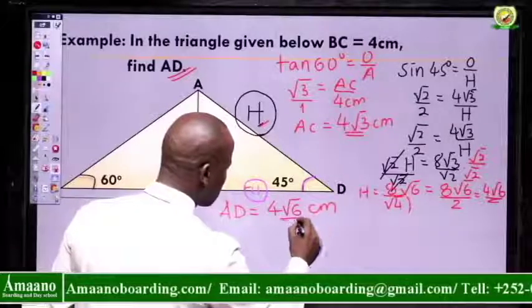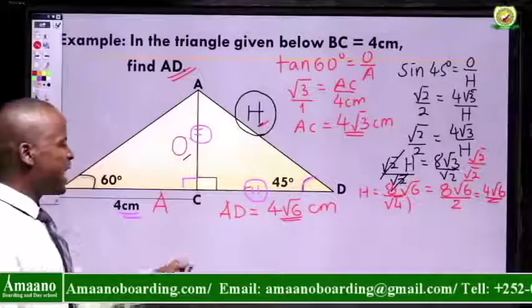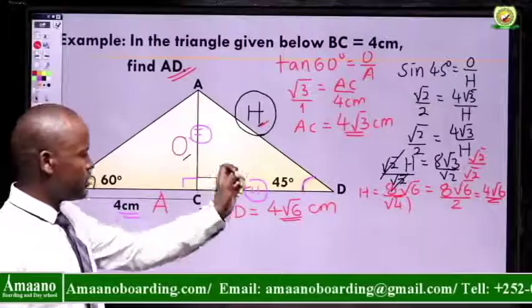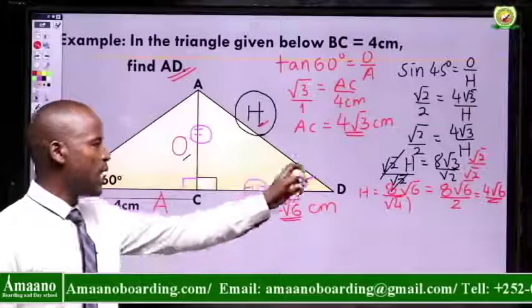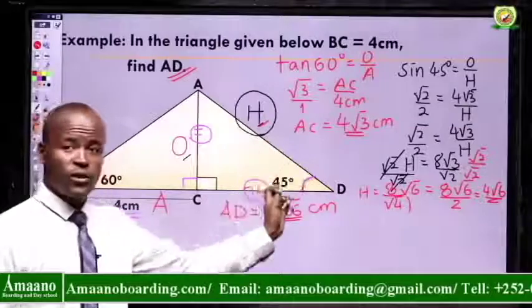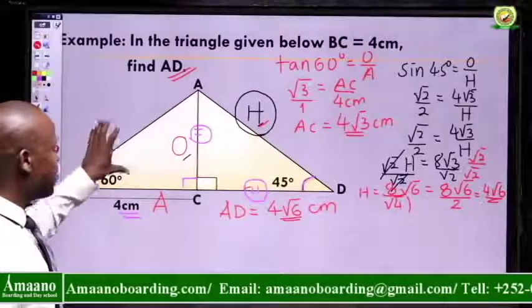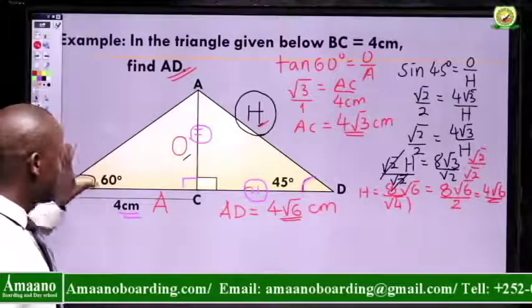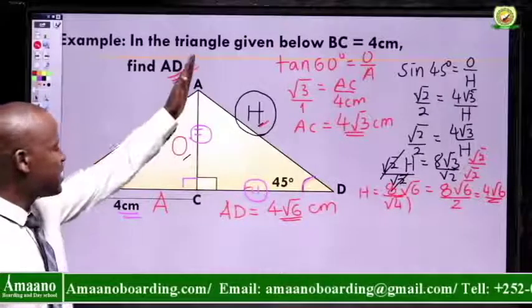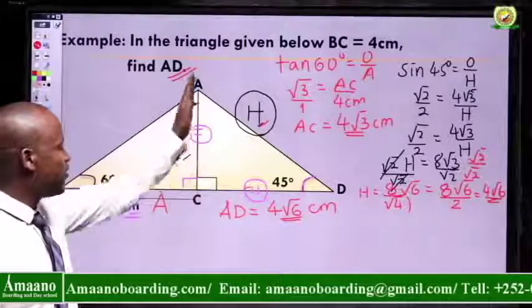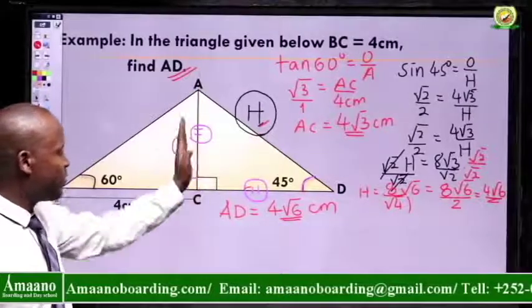centimeters. But to find AD, we didn't apply directly the 45 degrees angle. Instead, the first step we did was using the 60 degrees angle, and then we calculated the value of AC, the side length of AC.